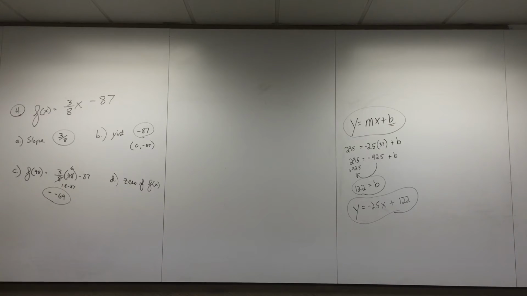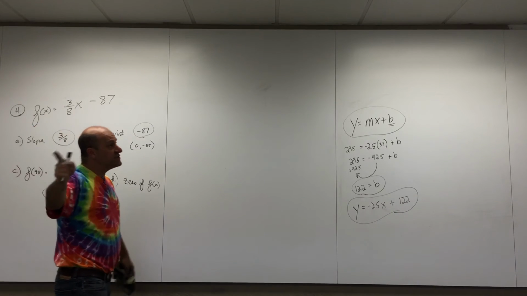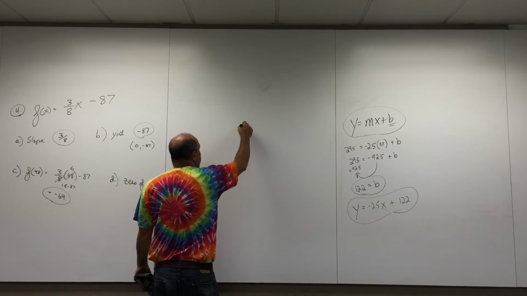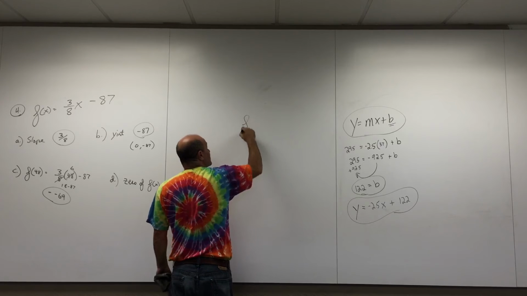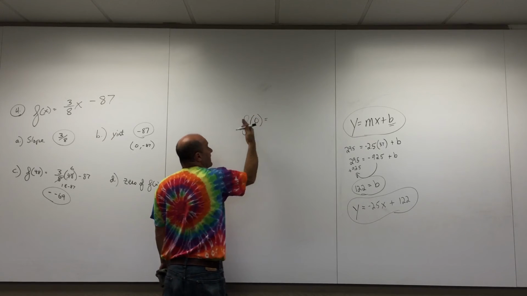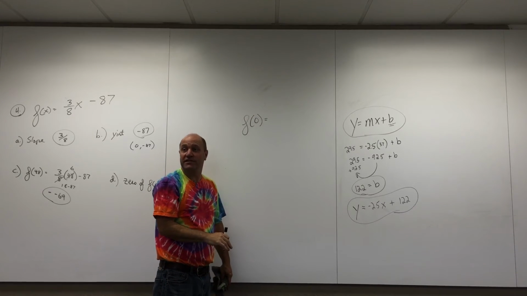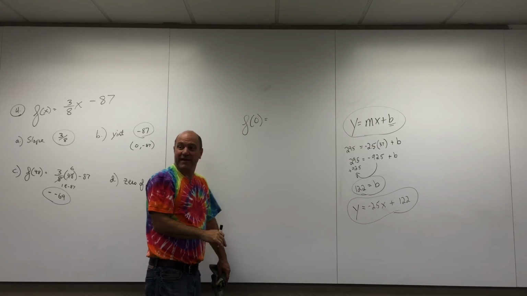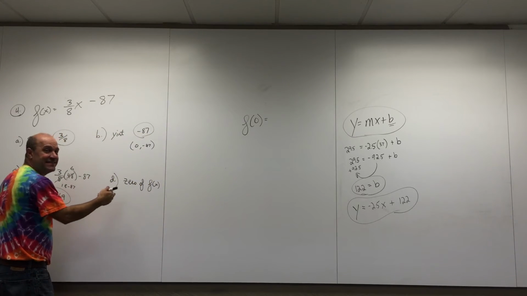That's wrong. If I wanted you to plug in a 0 for x, what would I write? I might just say f of 0, which means plug in a 0 for x. But that ain't what this is. This is different.